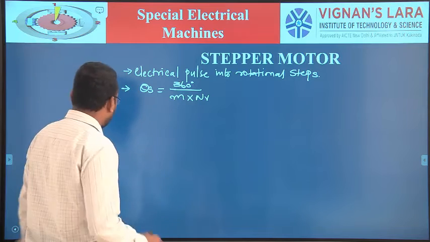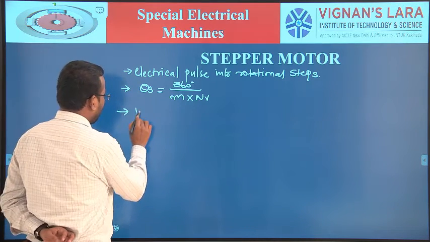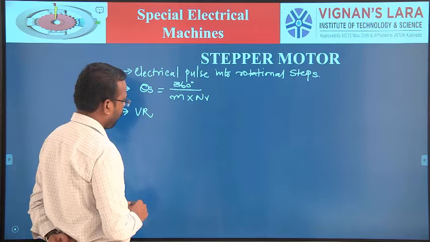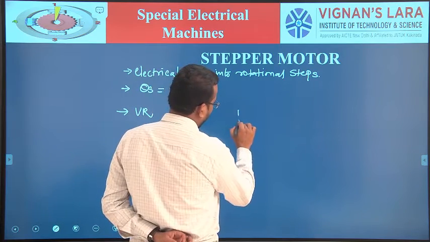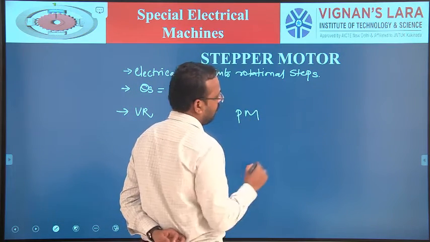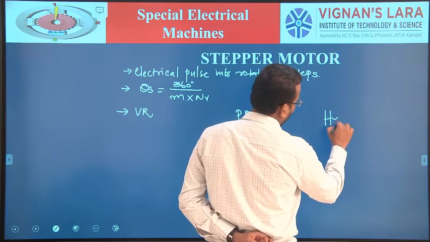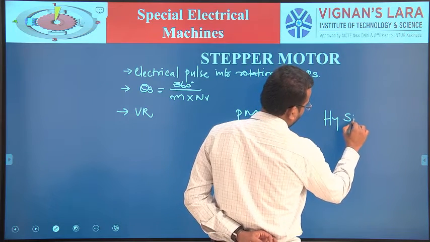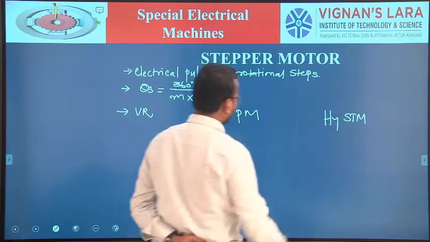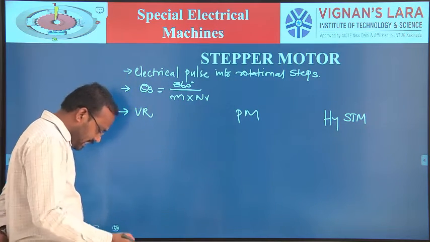Next, we have the types of stepper motor: variable reluctance stepper motor, second one permanent magnet stepper motor, third one hybrid stepper motor. So we have three categories.